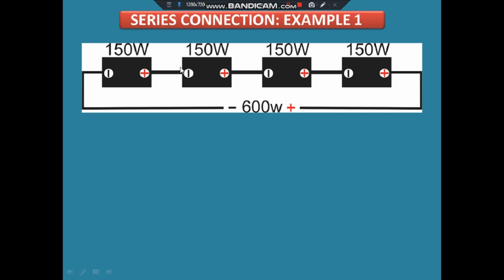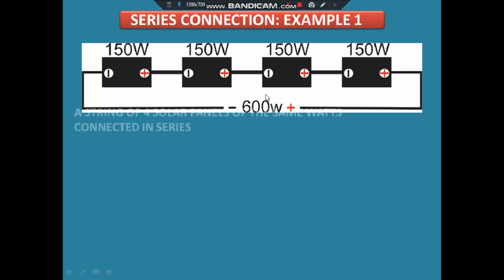And we said that when solar panels are connected in series, it is the voltage that increases. But in this case, we were considering solar panels of the same wattage connected in series. When such happens, the total watts will equally increase.